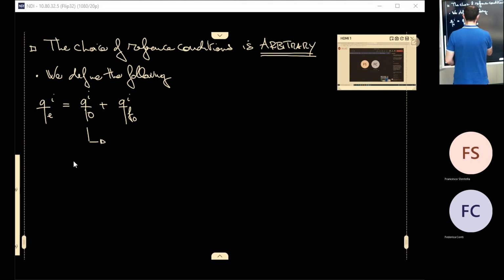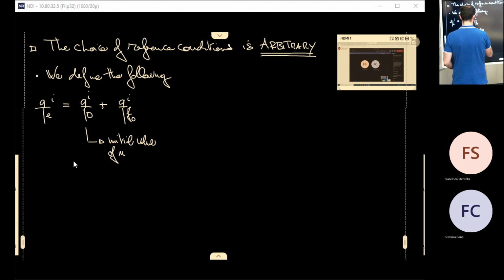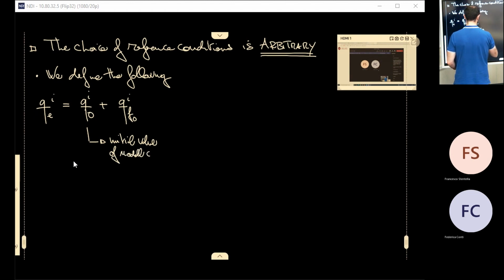So the initial value of nodal coordinates in undeformed state.